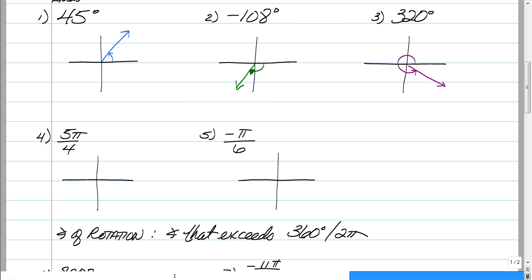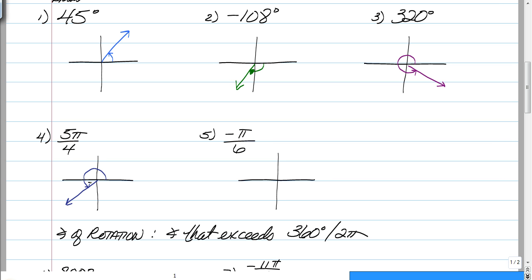It's actually 1/4 more than 1 pi. Or if you really, really have to, you can convert it to degrees, graph it that way. So here we go. We have 1 pi and then 1/4 more. That's how you draw 5 pi over 4.